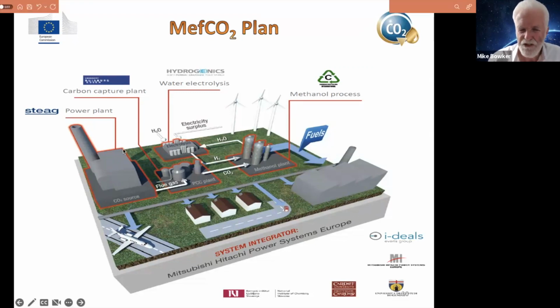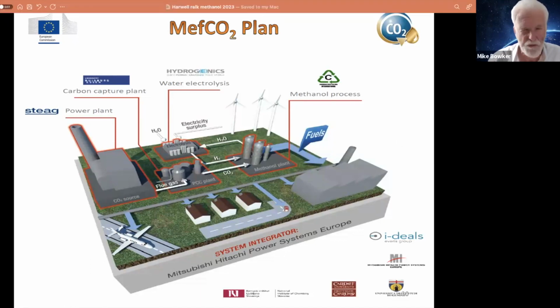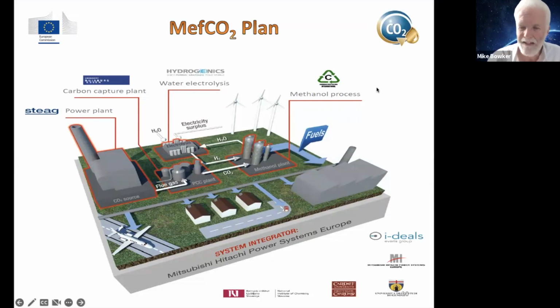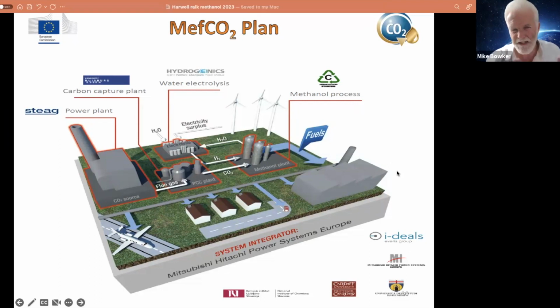So this is a successful collaboration. I can't say much about the catalyst that actually went into the plant in the end, but this has now been dismantled and the plant has been moved to Sweden, where it's being used to produce methanol in conjunction with a formaldehyde synthesis plant. And these kind of demonstrator systems are increasing in size all the time.